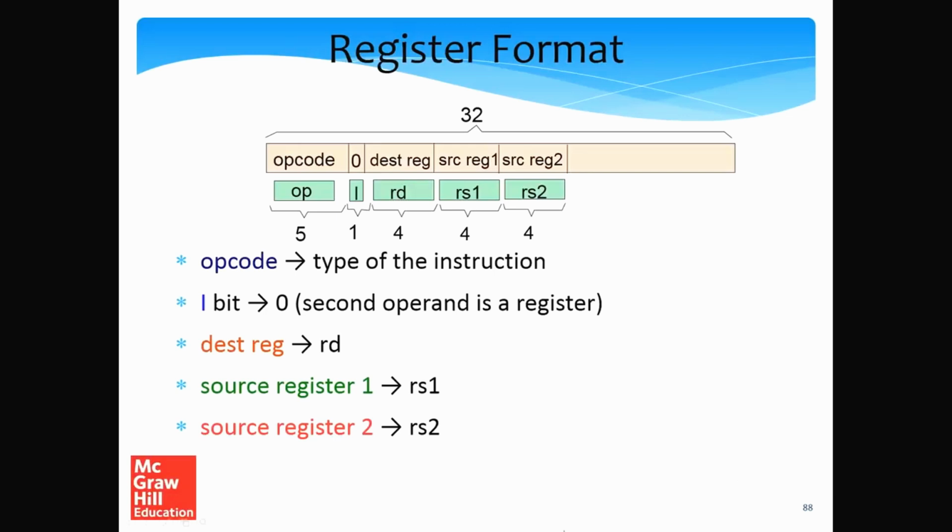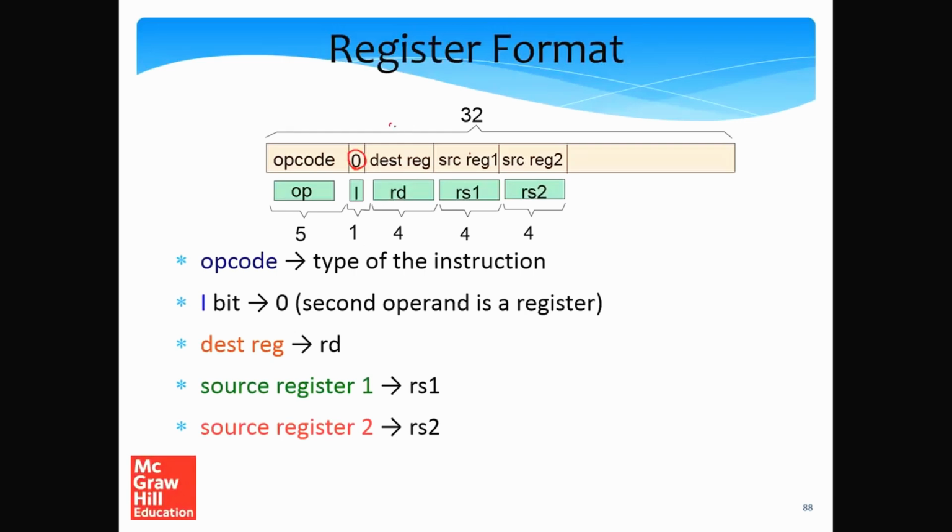So what we have done here is that we have reserved space for our 5-bit opcode, which is the first thing that we need to do. After that, we have the I bit. So we are discussing the register format here, where the second operand is a source register. It's not an immediate value. So basically, in this format, the first 5 bits will be the opcode, and the I bit will be 0 because the second operand is a register. But this will nevertheless require 1 bit in our format.